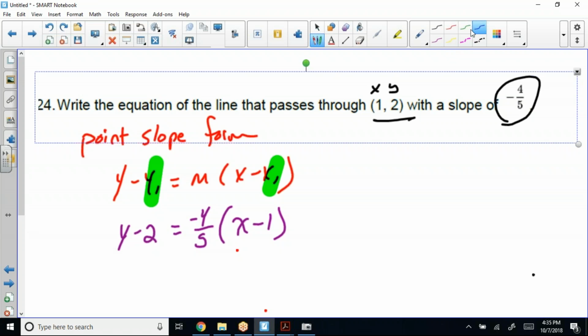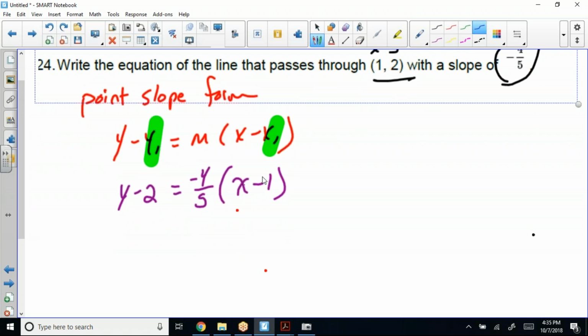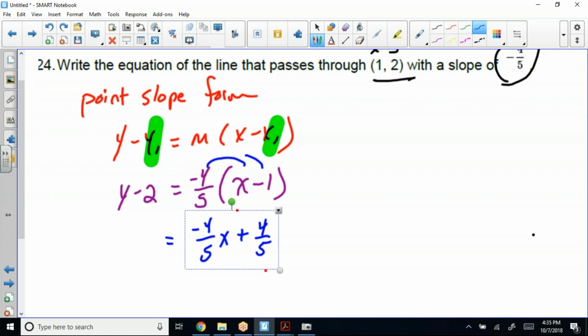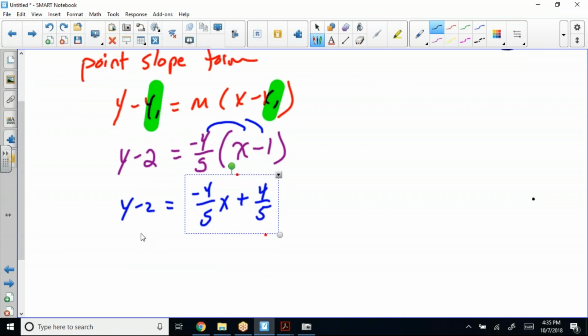So all we have to do from this standpoint, once we plug those in, is a simple thing. Distribute and move the negative 2 over to the other side. So that would be 4/5 x, and that would be minus 4/5 equals y minus 2, and then we'll go plus 2, right?